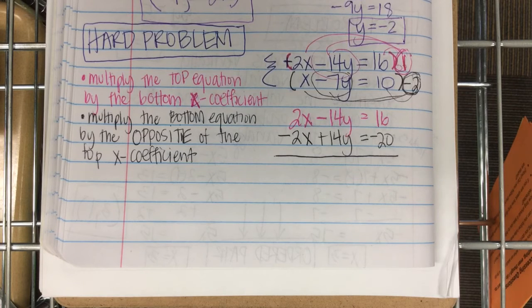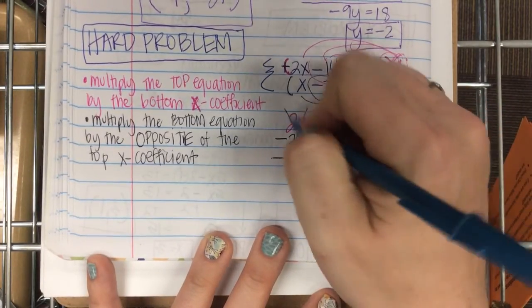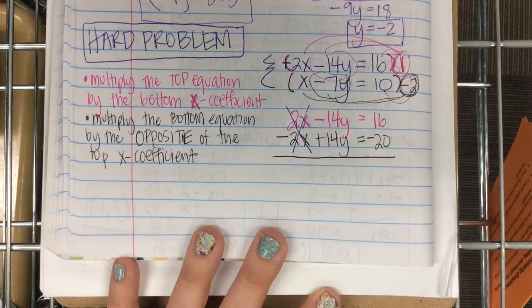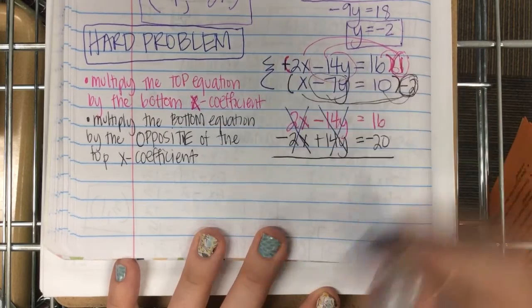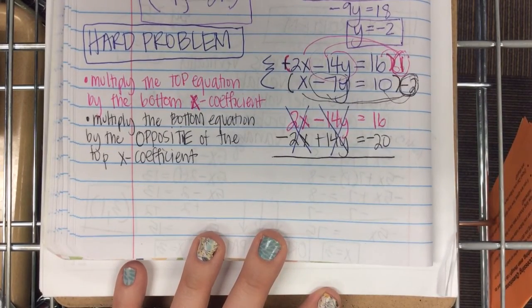I can combine like terms. Now this on top of it is a special problem, right? How did it become -2? That's the rule. It's the opposite of the x coefficient. This is a special problem. What happens? 2x and 2x cancel out, right? Negative 14y and positive 14y in this problem cancel out. It doesn't happen very often, but it does.